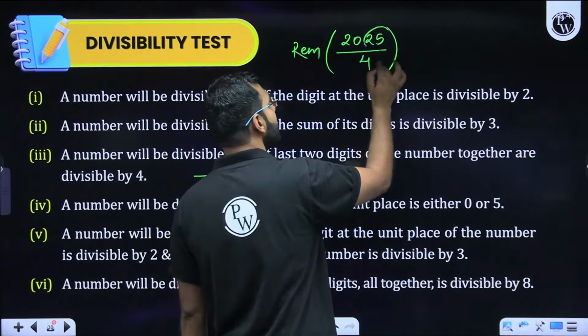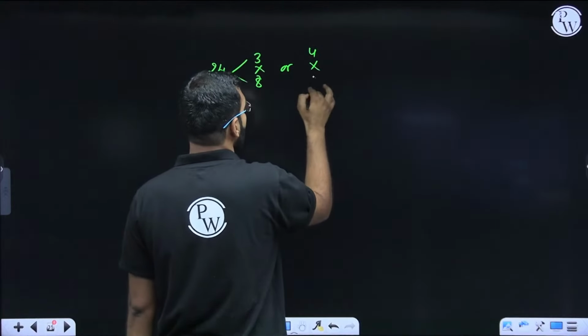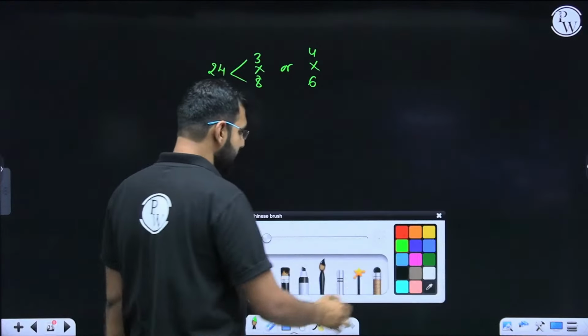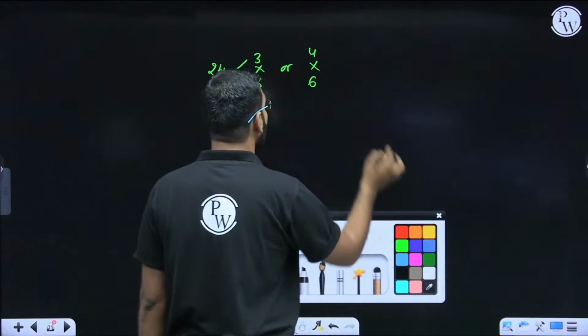Of course, you may say that 24 can be written as 4 into 6 as well, but the problem with 4 and 6 is that they are not a pair of co-primes. So I'll discard 4 and 6. What I will choose is 3 and 8, which means whenever a number is divisible by 3 as well as 8, then it will always be divisible by 24.